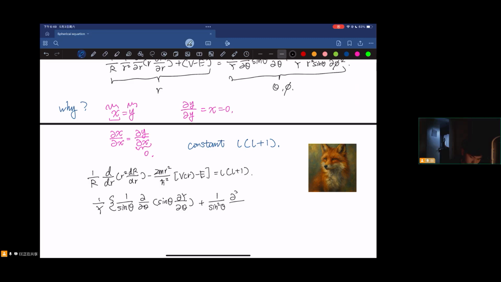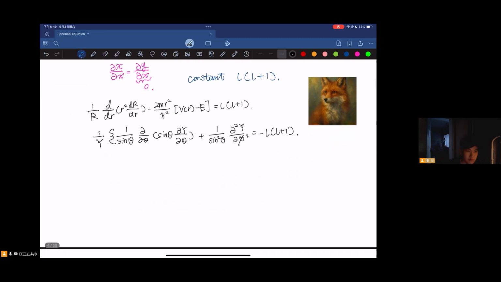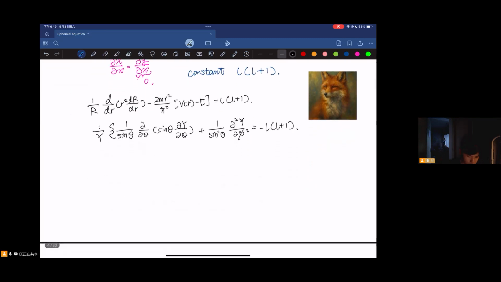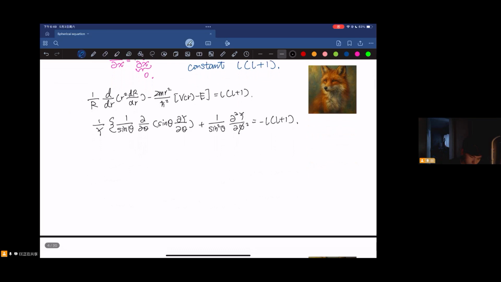Okay, so now let's solve the angle part, the angular equation. Okay, let's solve this.